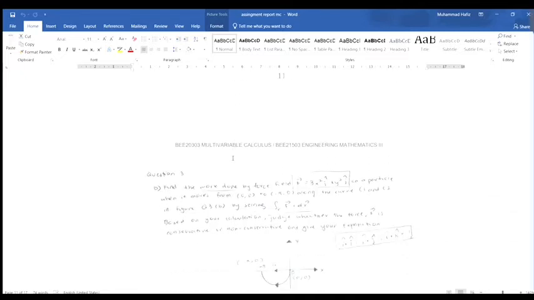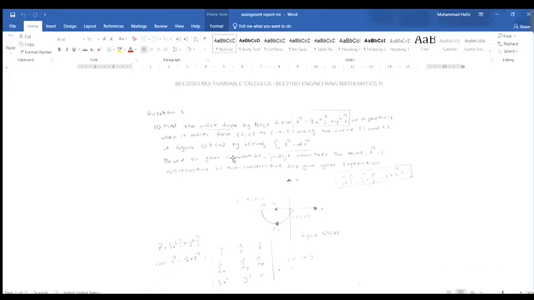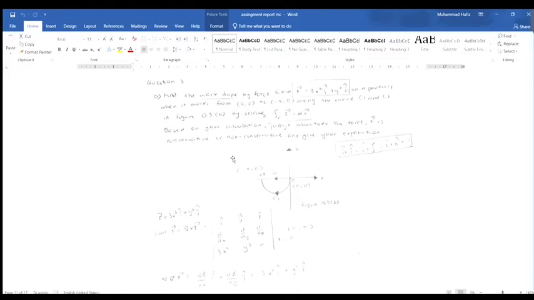Next is question 3b. Question 3b asks to find the work done by a force field. The vector given is 3x power of 2 i hat plus y power of 2 j hat on a particle when it moves from 0, 0 to negative pi, 0 along the curves C1 and C2 in the figure of question 3b, by solving work done. After the calculation, I need to judge whether the force vector is conservative or non-conservative.